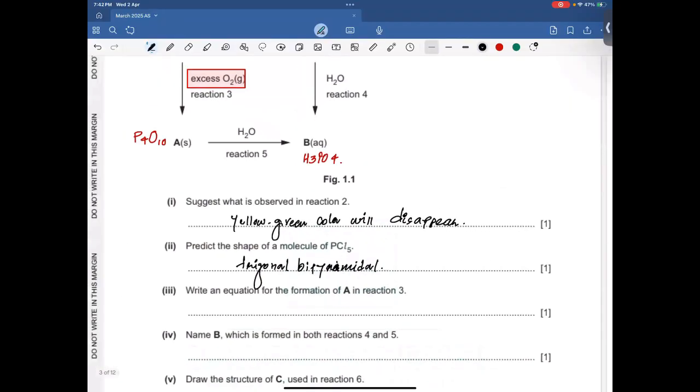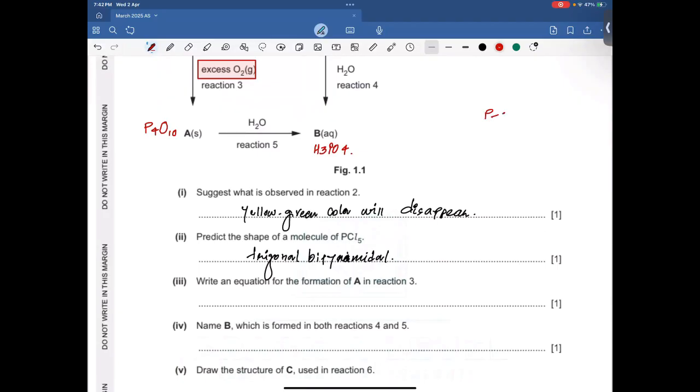How come? Let me draw the structure. We have 5 chlorine atoms, right? Phosphorus belongs to group 15 of the periodic table, which means it has 5 valence electrons. Let's distribute these 5 valence electrons. After the distribution of 5 electrons, we have 5 single bonds around the phosphorus atom. There is no lone pair in the valence shell of phosphorus, which is 0.